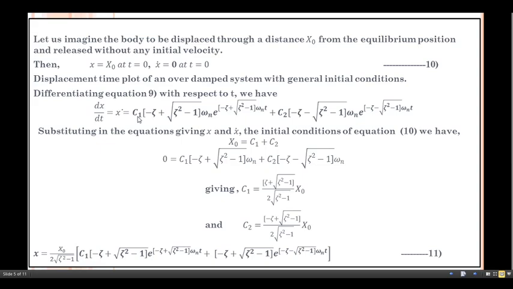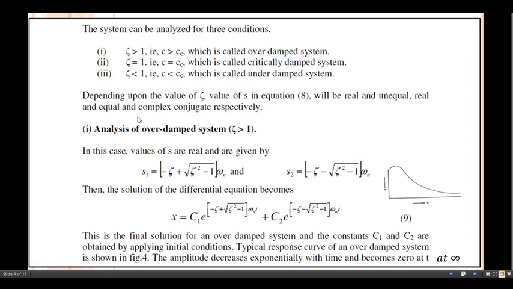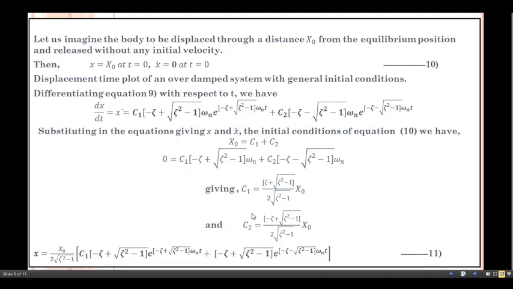the c1 term. This is the constant term, and it will remain as it is. You have to differentiate this term, so e raised to this term will remain as it is. The derivative of the exponent is this term, which comes in extra here.